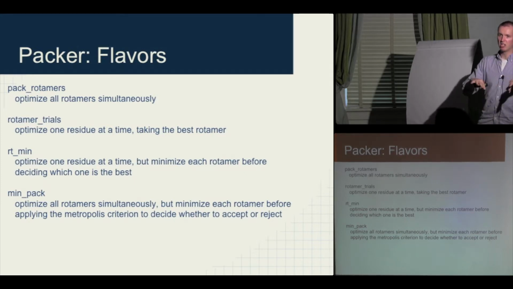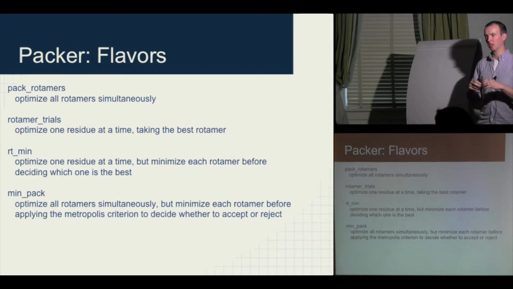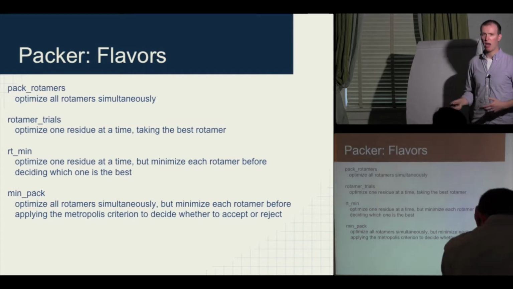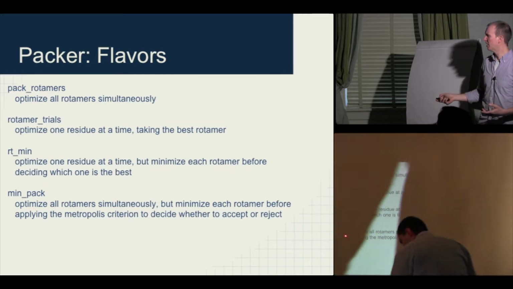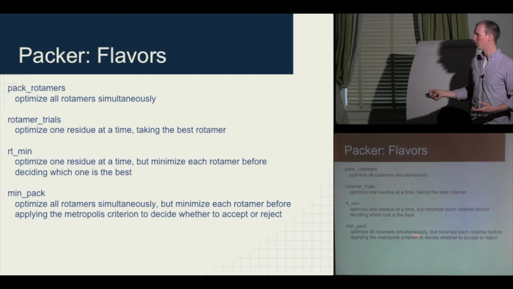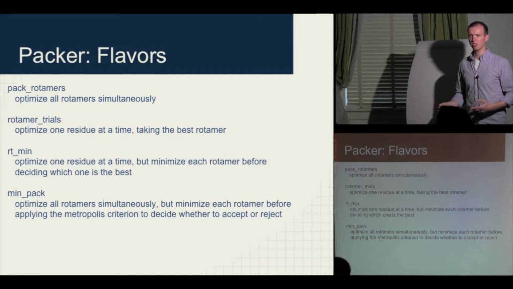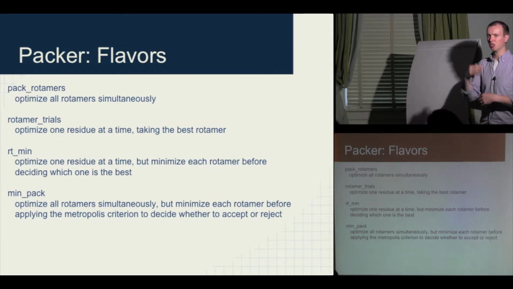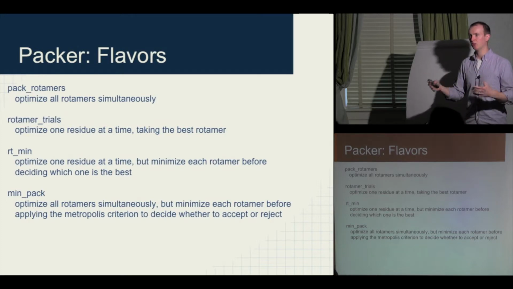You minimize them in the current context, then you pick the best minimized rotamer from that set, and you assign that to your pose. The continuous version of the pack rotamers algorithm is minpack, where you optimize all rotamers simultaneously, as in the discrete case, but at each rotamer accept/reject decision, you first minimize the rotamer in the current environment, and then you apply the Metropolis criterion.